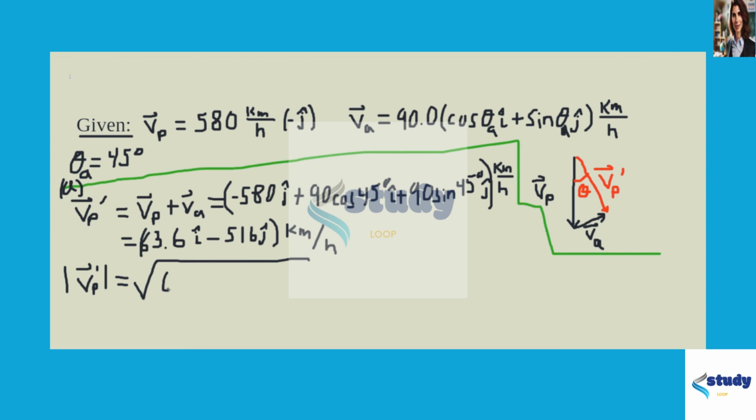So you'll have 63.6 squared plus minus 516 squared. You square a minus, it becomes a plus, so we can just ignore the minus sign. So this is 516 squared. And this is all in kilometers per hour.